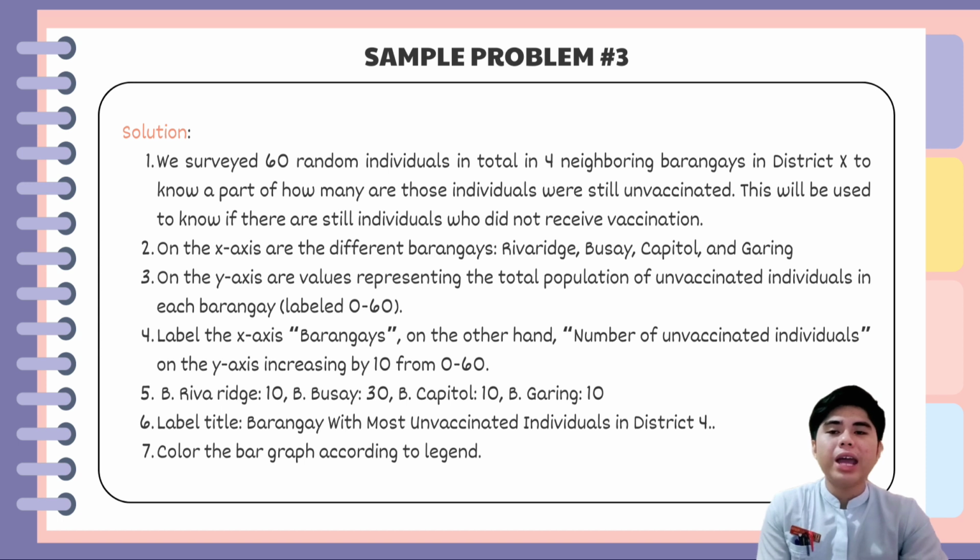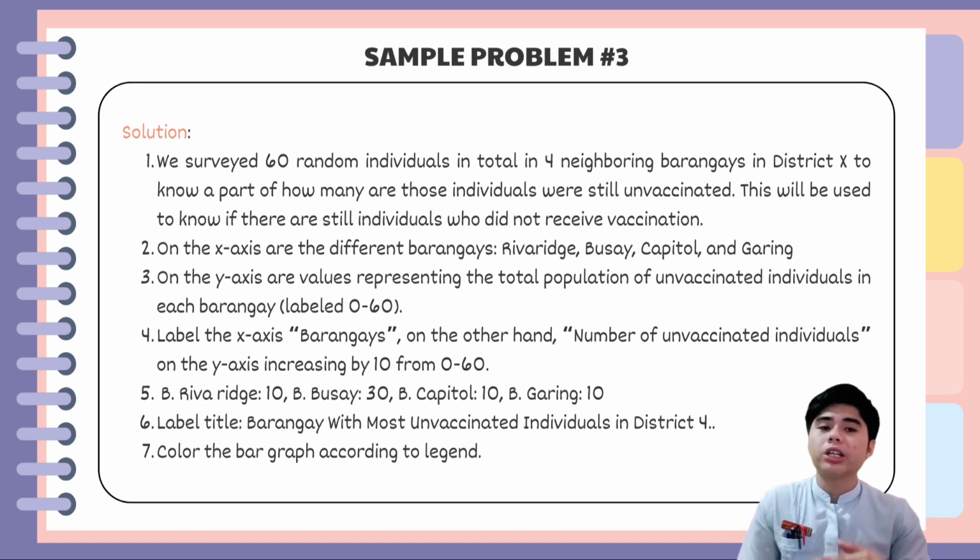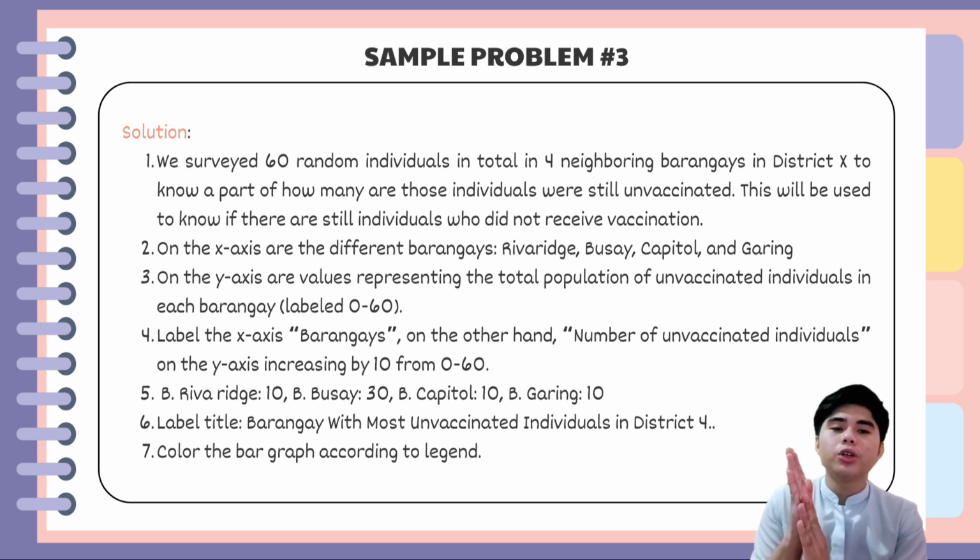And then the y-axis represents the total number of unvaccinated individuals in each barangay, labeled from 0 to 60. She also labeled the barangays on the lowermost part, and the number of unvaccinated individuals on the leftmost part, which is the y-axis, increasing by 10.